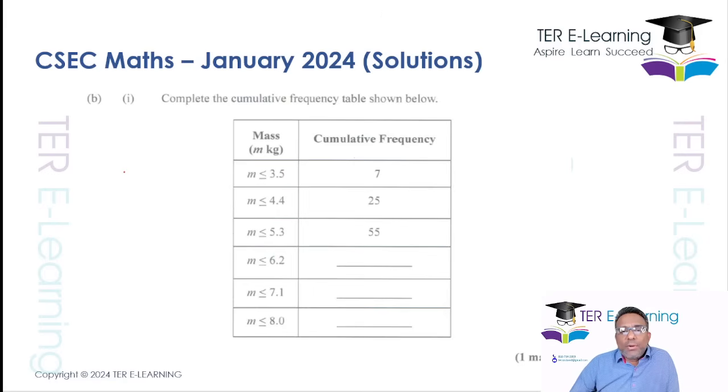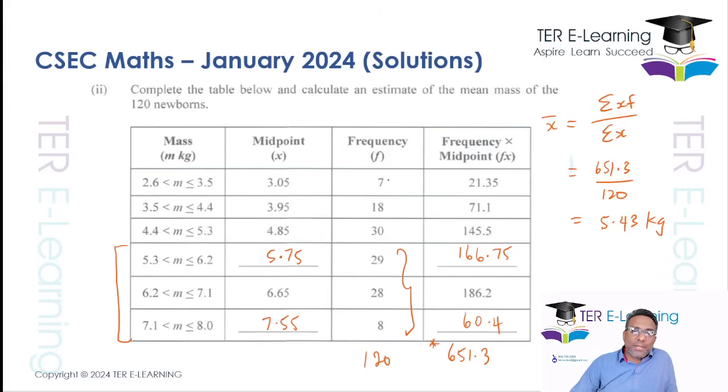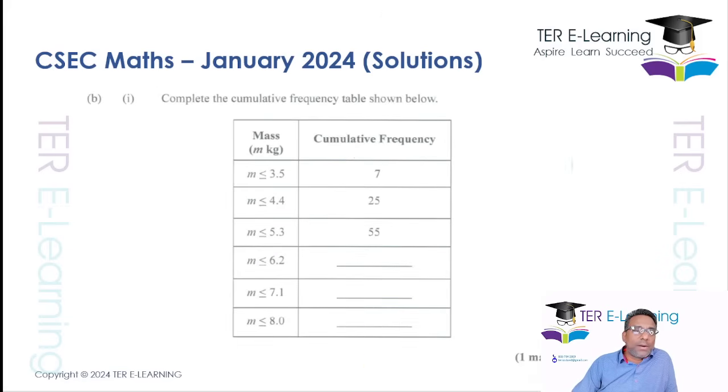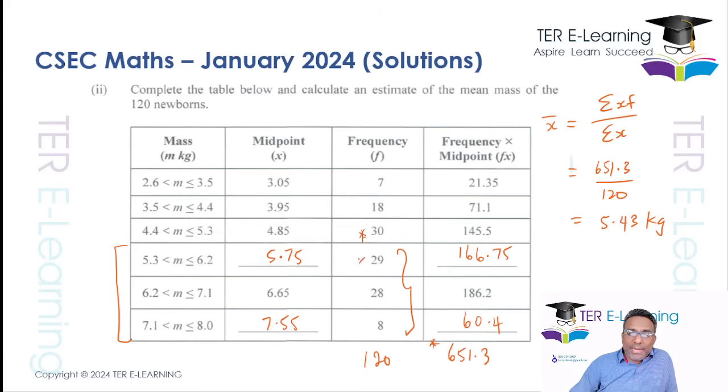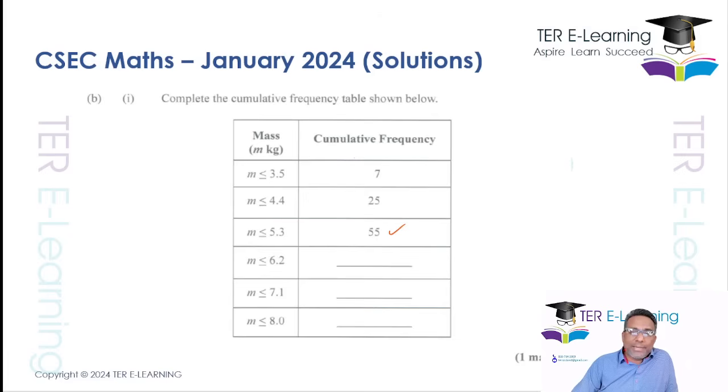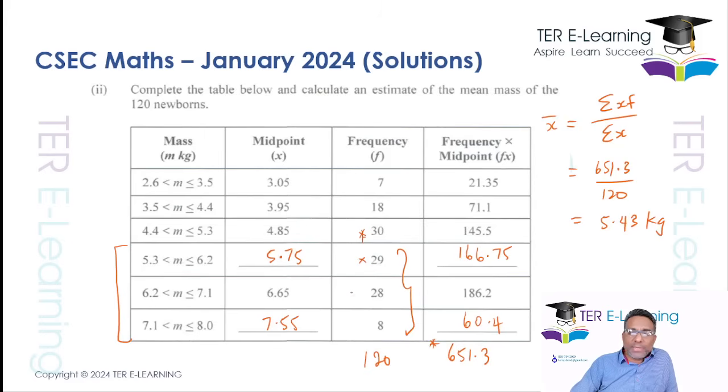Next thing now. We want to complete the cumulative frequency table. Let's go back to the table here. So we have 7, and when we added 18, we got 25. Next we're going to add 30, so you get 55. After that we're going to add 29, so 29 plus 55 gives you 84. Now we add what comes next, which is 28.